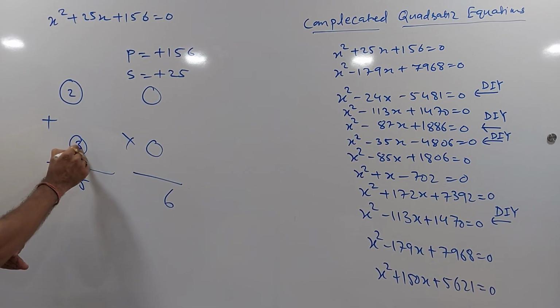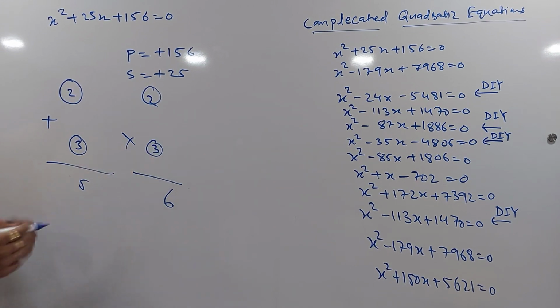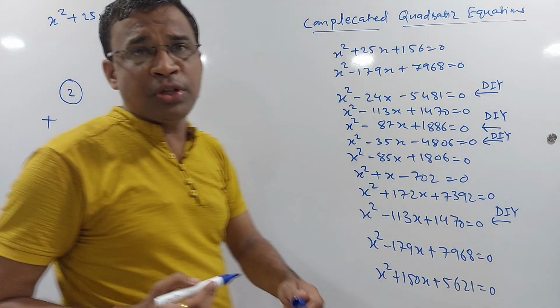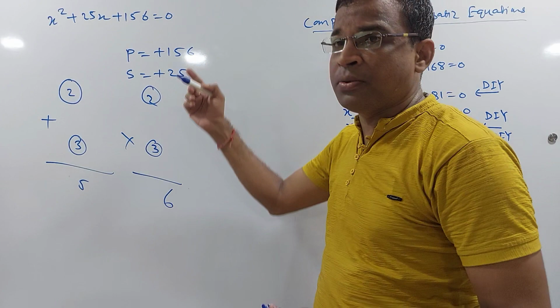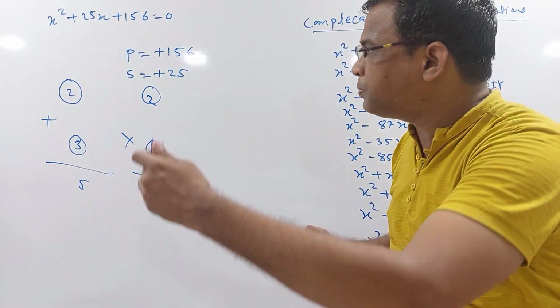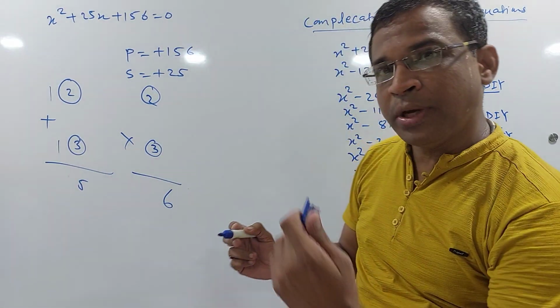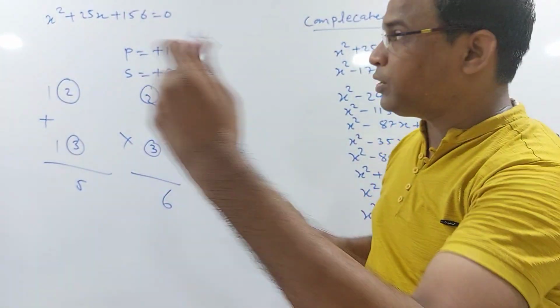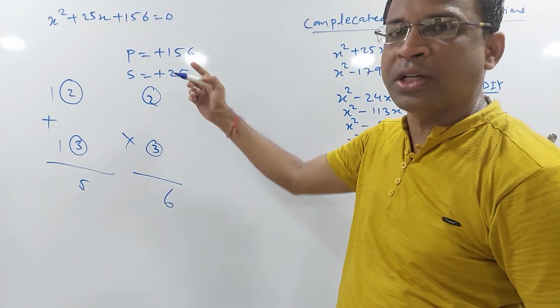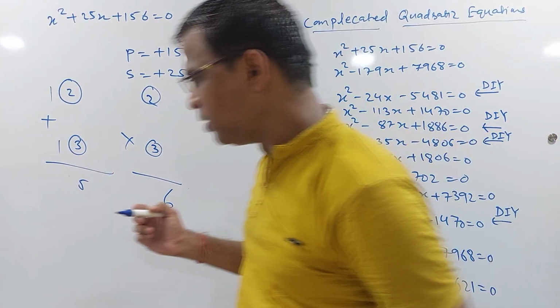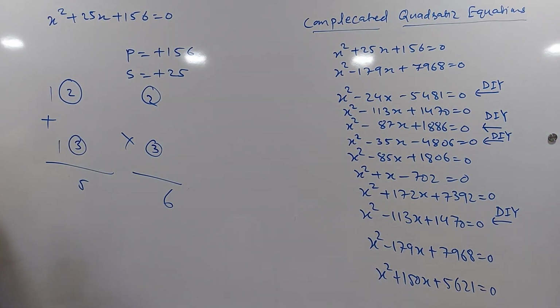It could be 2 plus 3 and 2 into 3. Then again you can check for the perfect square number closer to 156, that is 144. So it could be 12 and 13, because 12 12s are 144, and this number is bigger than that. Then I can try with 12 and 13, and we are right, it's 12 and 13 only.